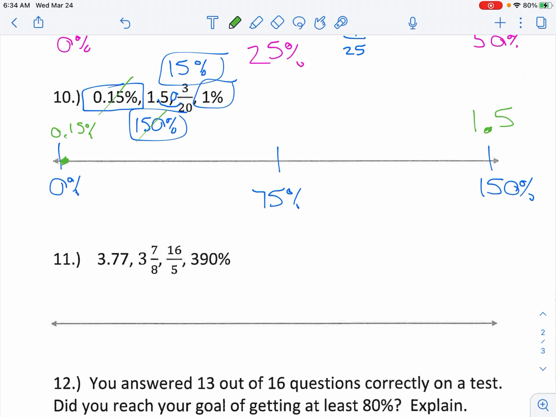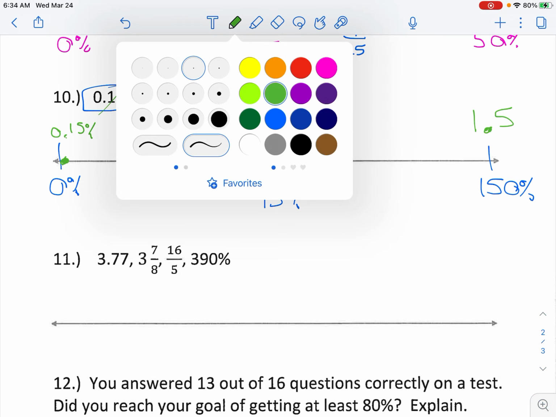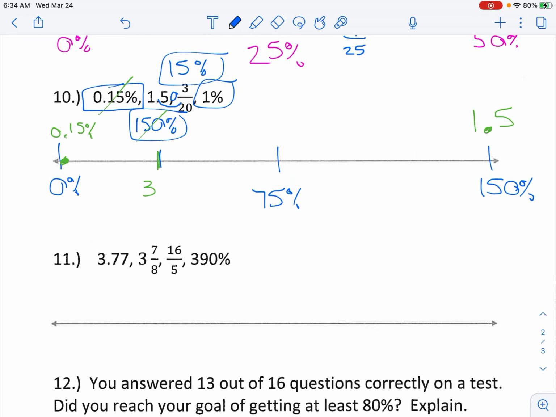And I also like to cross those out once I've labeled them on my number line so I don't forget. 15%. Okay, so if 75 is halfway, I'm going to try to guess this out for a minute here. Halfway between 75 and 0, so I'm going to put 35. 35% would be about, I should probably go back to blue, right here.